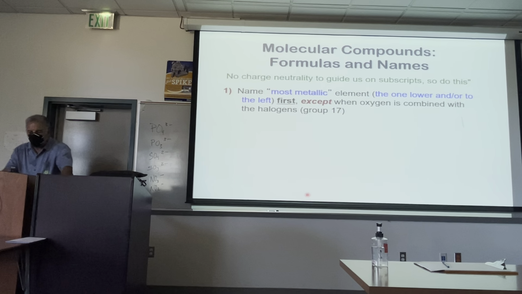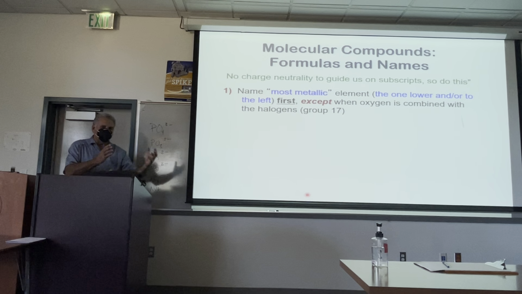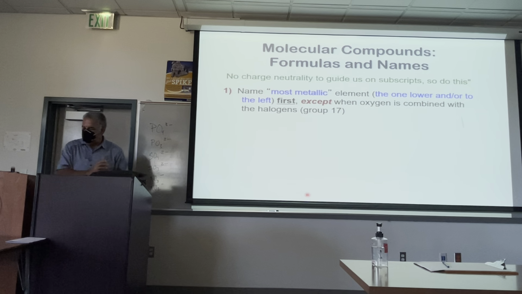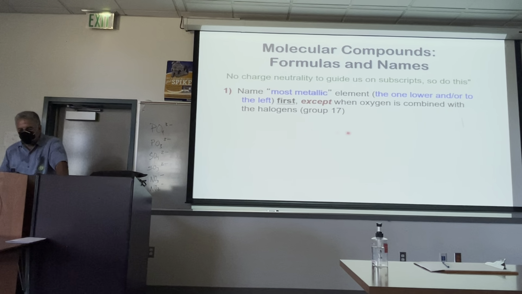All right, finally, molecular compounds, formulas, and names. So now we've done all our iterations of ionic compounds, right? We take the name, change the non-metal to ide, then we do the oxyacids, and now we're doing the molecular compounds. No charge neutrality to guide us on subscripts, so do this.